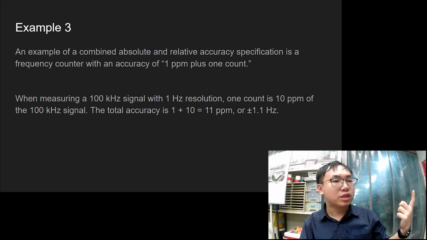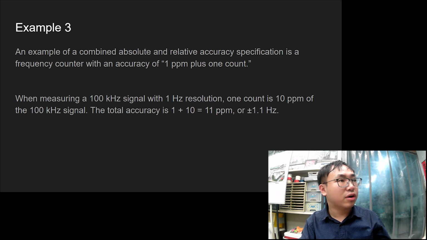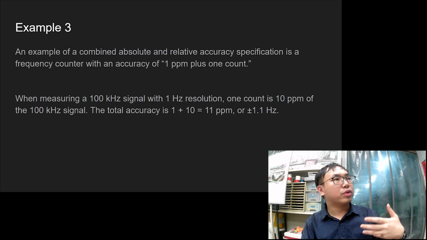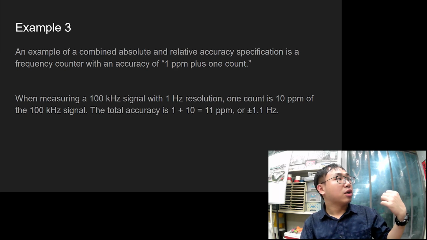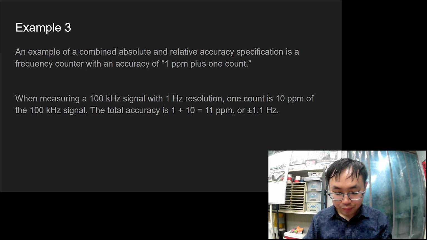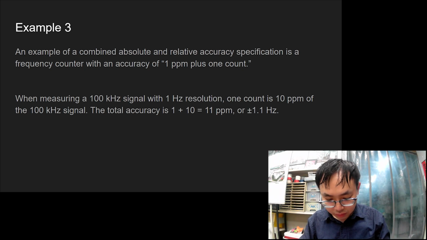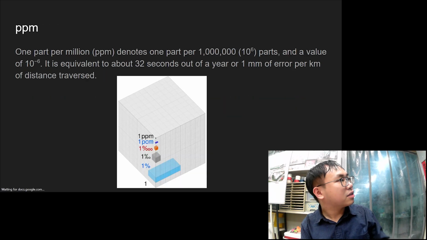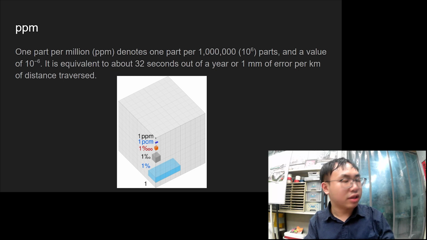Okay, so if they ask you questions on a frequency counter or oscilloscope, or that kind of stuff, just ask about frequency, there is a very high chance for you to see words like ppm. That's why you should know how to do the conversion. It's easy, it's just 10 to the power of -6.